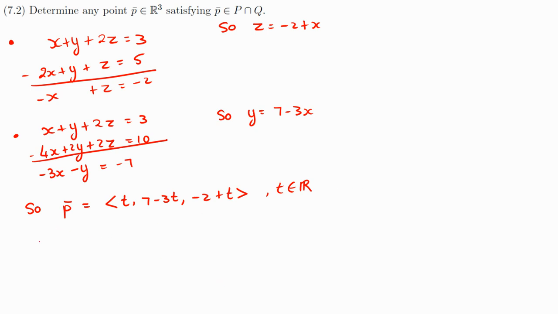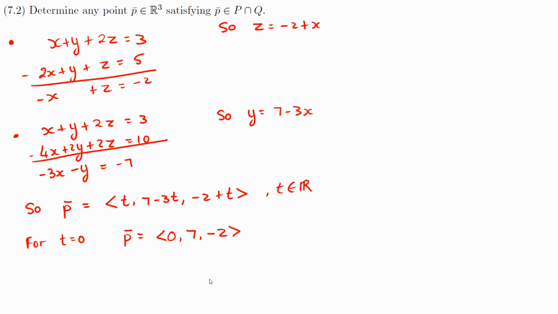So let's say for t is equal to 0, P is equal to 0, 7 minus 0 is 7, and minus 2.